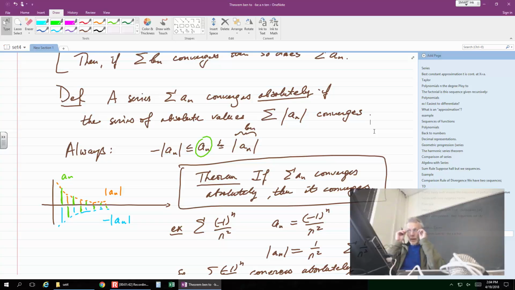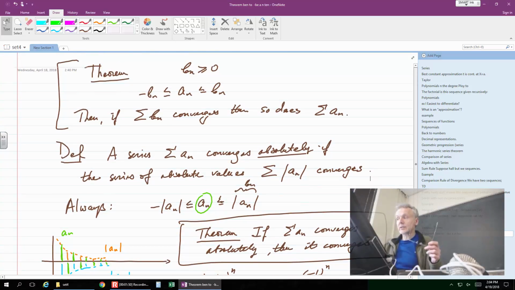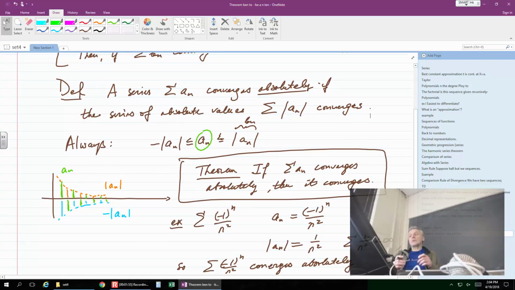That on its own does not prove convergence, but with some clever algebra, we did demonstrate that it is in fact the case. That is the theorem at the top, and as a corollary, we have the new theorem about absolute convergence.